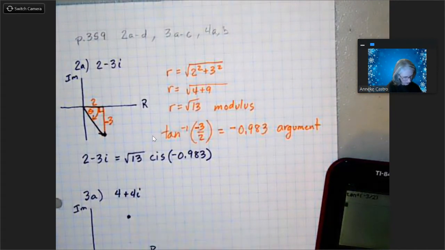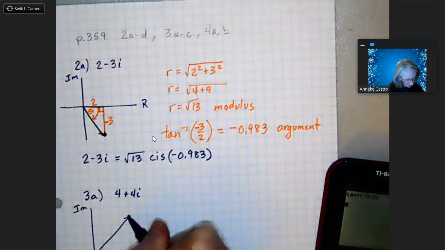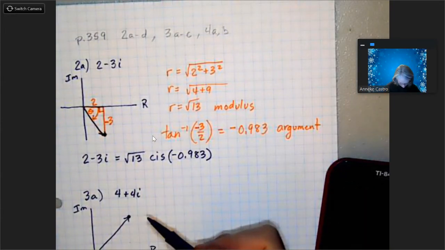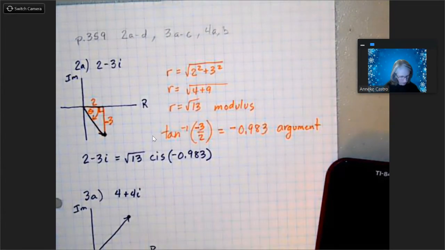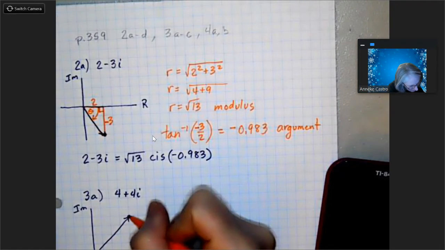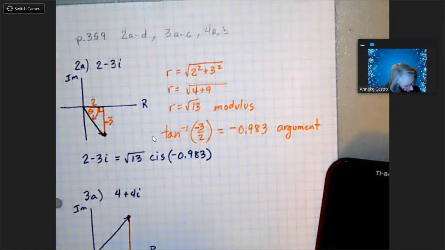So it's right there. So I can draw in a vector because when I'm changing it to the form r cis theta, I'm looking for the modulus and the argument. Okay, so I'm going to go ahead, let me get my different color. So I'm going to be doing this right here again.